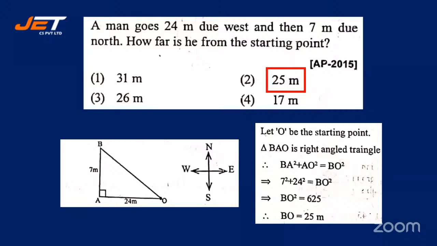Right, so how far means what is the hypotenuse? Right, so here you can just simply use the Pythagoras theorem. OB square is nothing but OA square plus AB square. So 7 square plus 24 square is OB square. OB is equal to 25 meters. So your option 2 is the correct one.